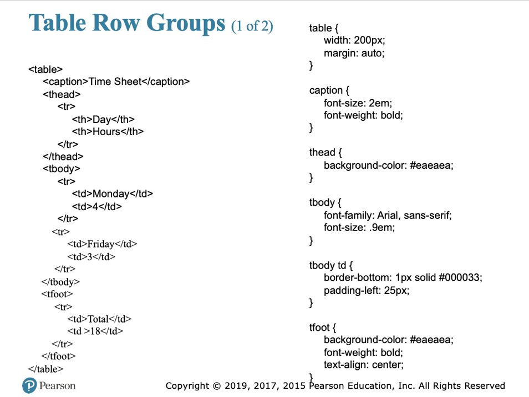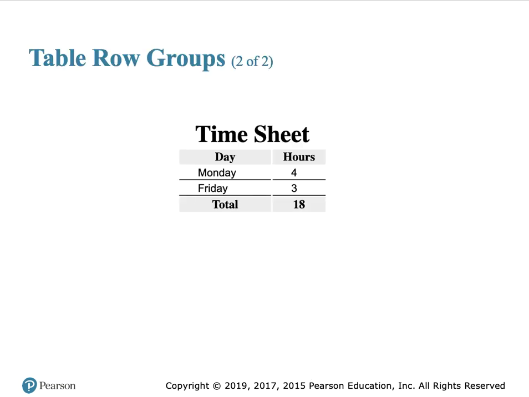The thead area was given a background color of light gray, and the tbody had the font family set to Arial or sans-serif with a smaller 0.9em font size. The tbody TD tags were given a bottom border with some padding on the left of 25 pixels. The tfoot was also given a gray background, and the font was changed to bold and centered. This is what the resulting table will look like when displayed in the browser.